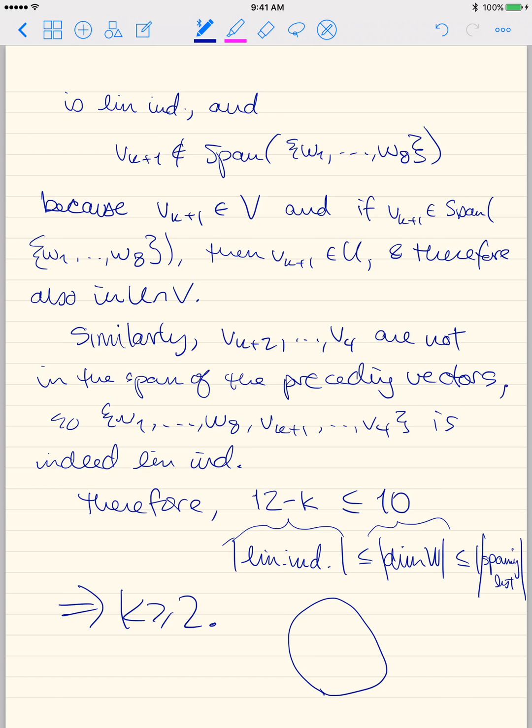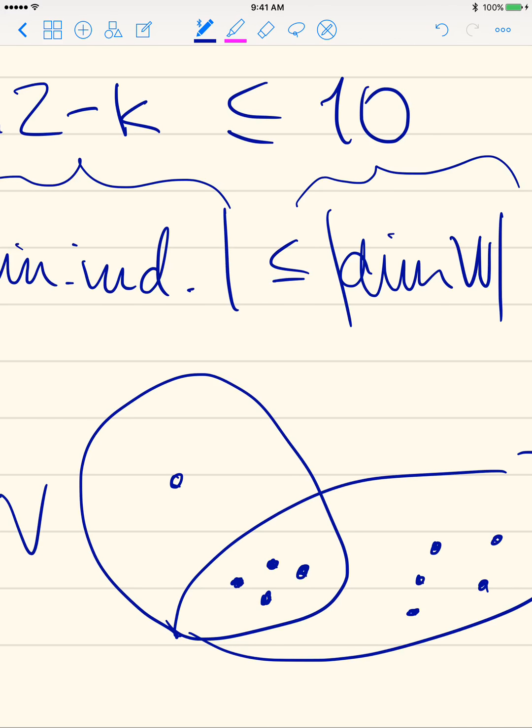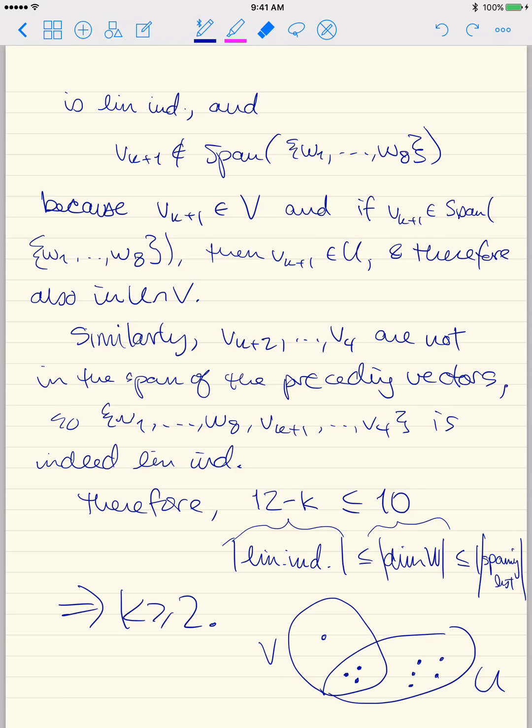The picture here is that we can make a fanciful Venn diagram. You have some space U and some space V, and then they intersect here. If you come up with some vectors that are a basis of this intersection, and then you fill out that basis to get a basis of U, and separately fill it out to get a basis of V, then all these vectors you get when you put all that stuff together have to be linearly independent.